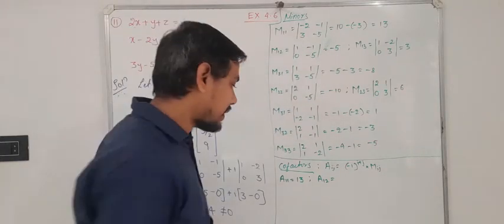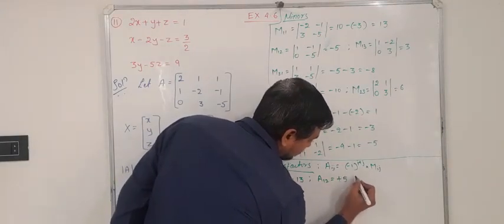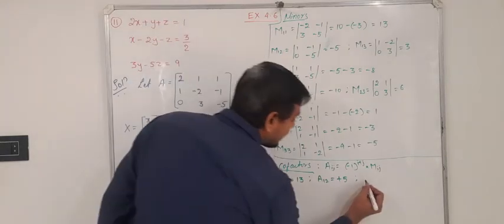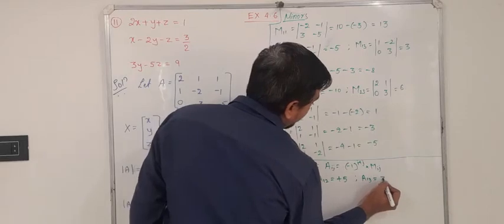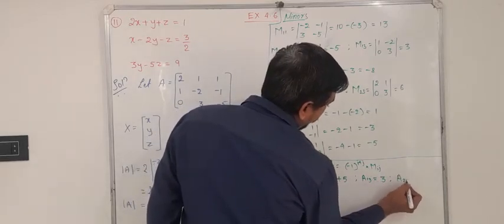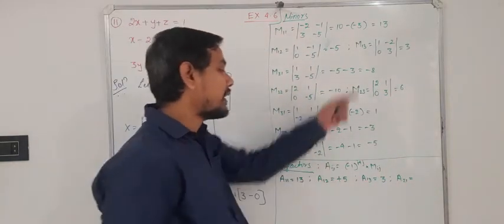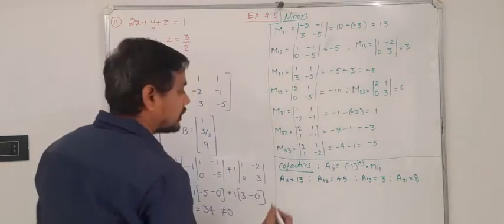Minus 5 is there, it becomes plus 5. Next, A13, 1 plus 3 is even, so as it is, it will be there. A21, 2 plus 1 is 3, which is odd. So minus 8 is there, it becomes plus 8.